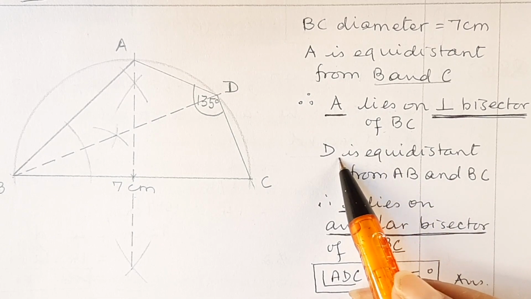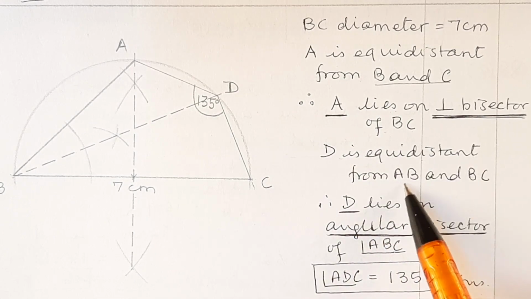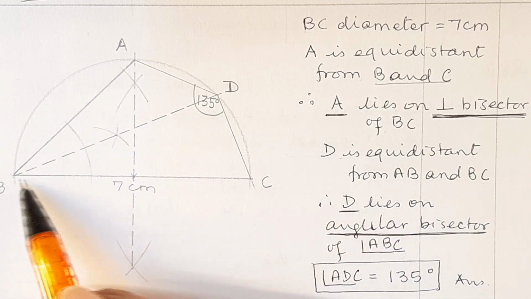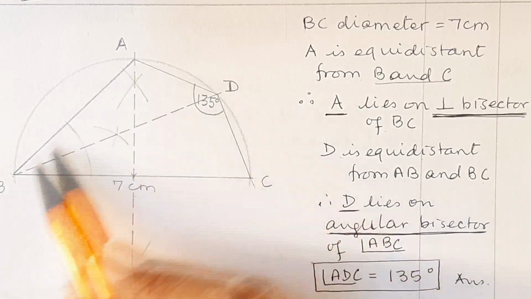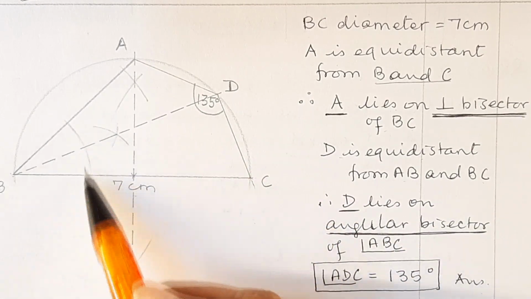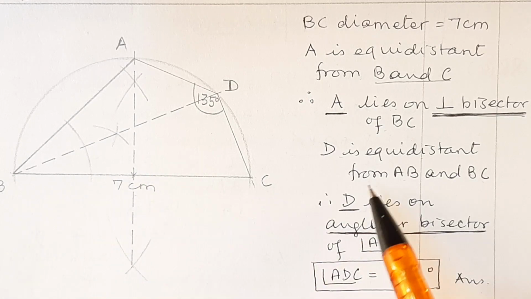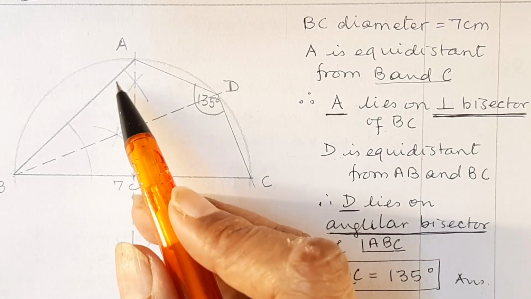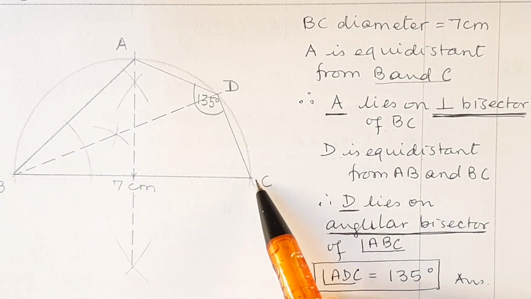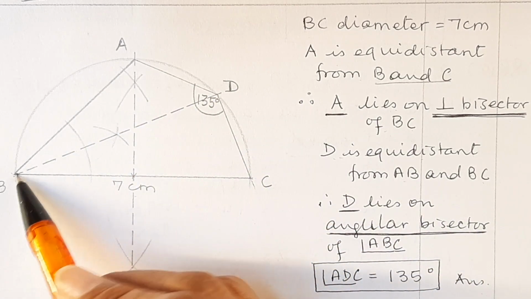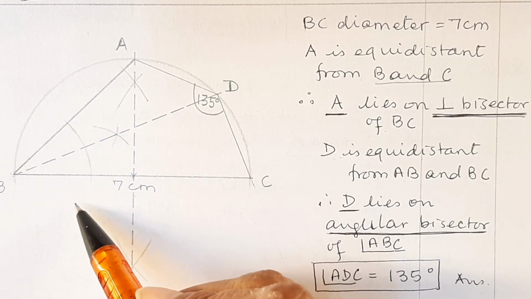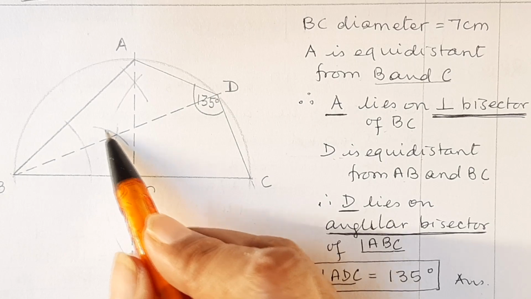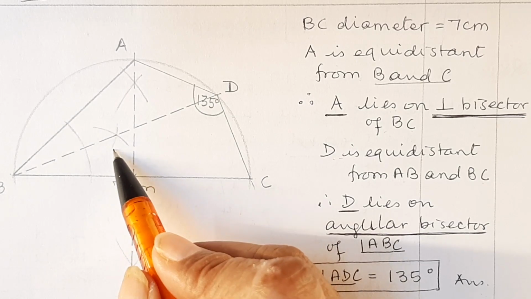Now we come to D. D is equidistant from AB and BC. Where is AB? Here. BC is here. Now AB and BC make an angle with each other. So the locus of D will be the angular bisector of angle ABC. So we keep the point of compass here, draw this arc, then take this point and draw these intersecting arcs.